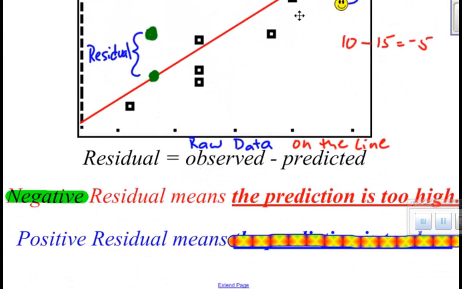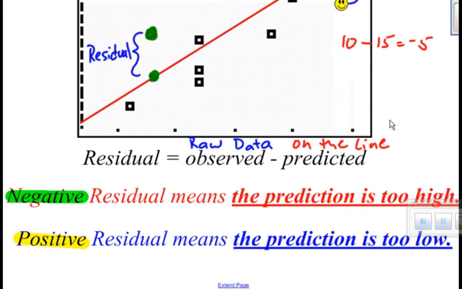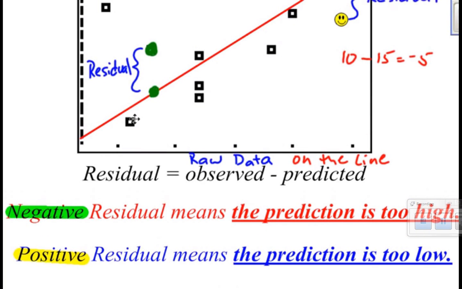In contrast to that, if we have a positive residual, that means that the prediction is too low. So once again, a positive residual means that the prediction is too low. And we can see that with the green points here.